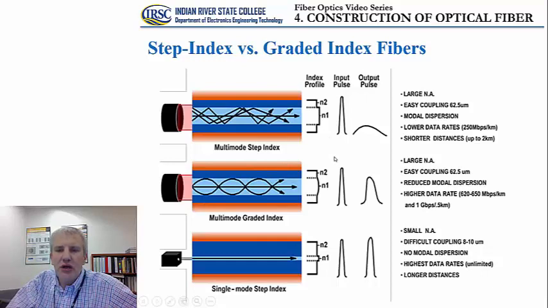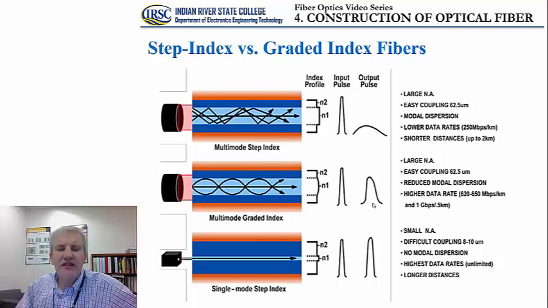What you can also observe here is that the modal dispersion is much more pronounced in the case of the stepped index multi-mode fiber as opposed to the graded index multi-mode fiber. In other words, the multi-mode graded index optical fiber has better performance from the aspect of dispersion compared to the multi-mode stepped index fiber. The reason for that is the way different modes propagate in the glass core.